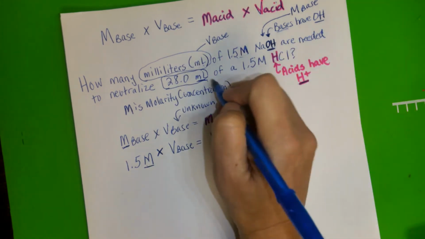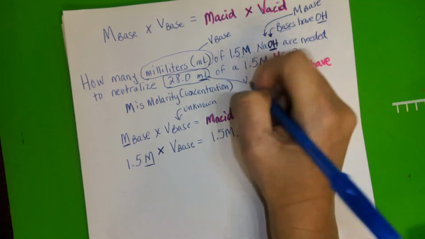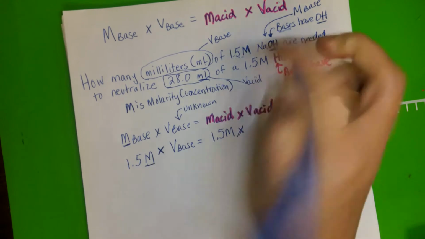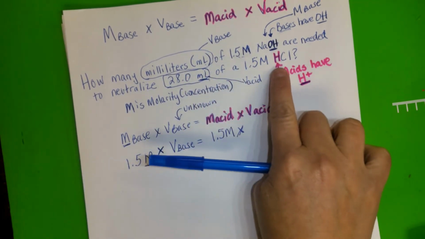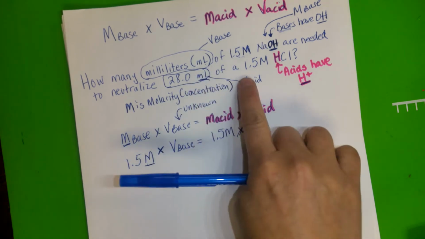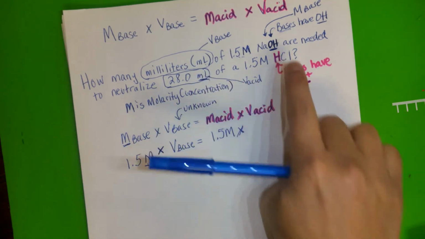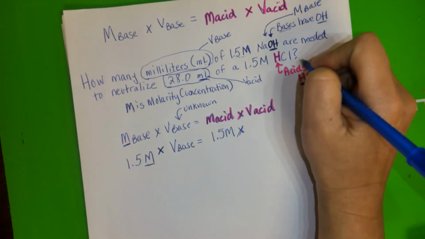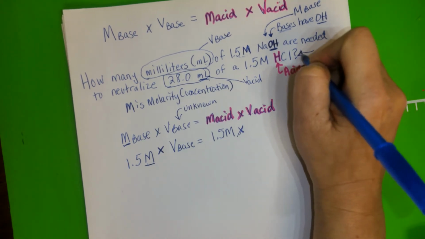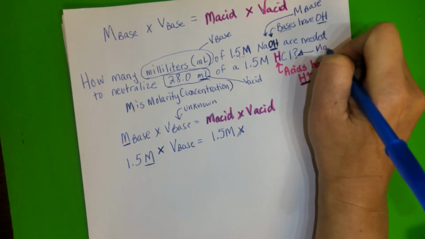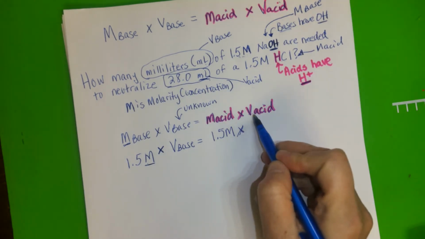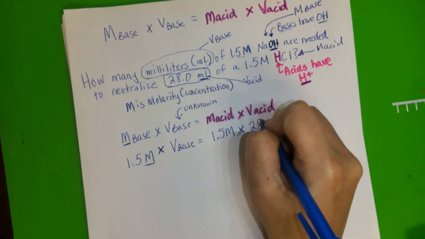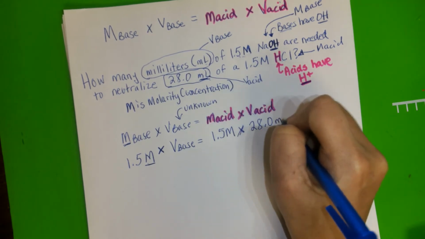This is your volume of acid, because it's 28 milliliters of this acid. That means it's the volume of this acid, and this one right here will be your molarity of your acid. So times the volume will be 28.0 milliliters.